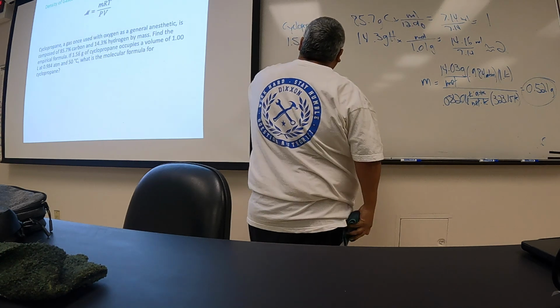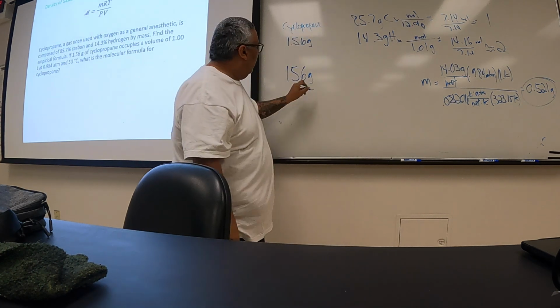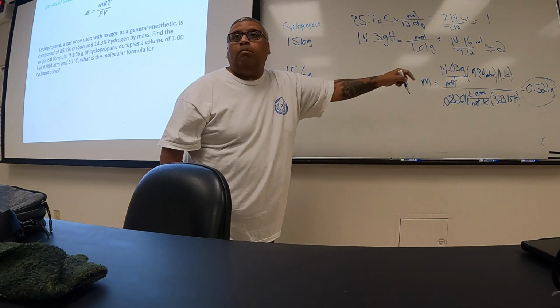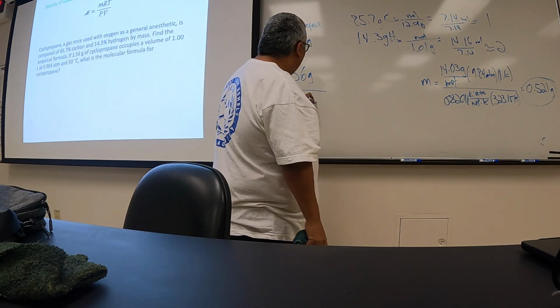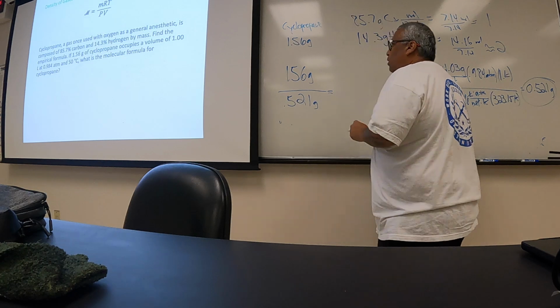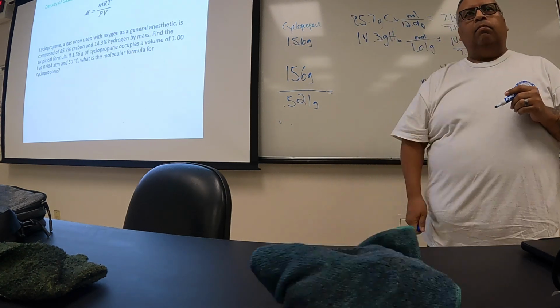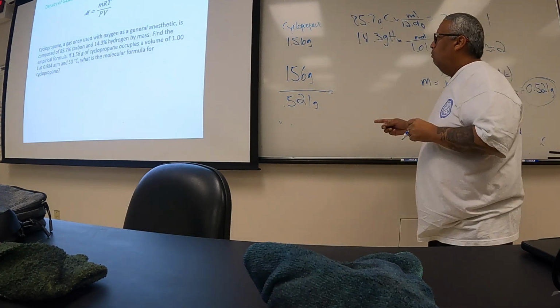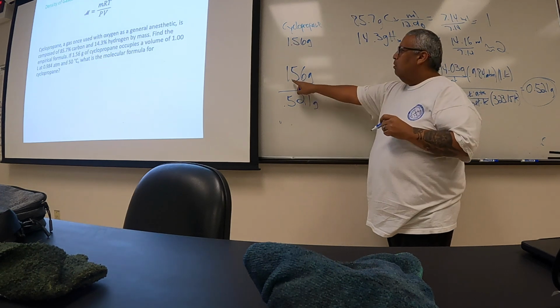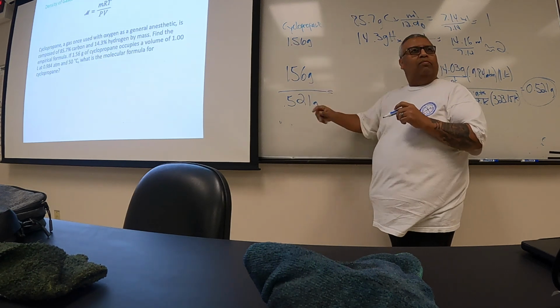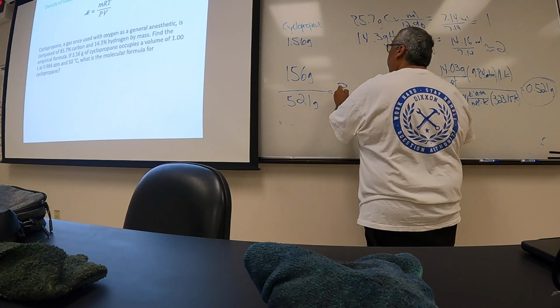1.56 grams of cyclopropane over this empirical formula mass, 0.521 grams, is equal to what? Do we need a calculator? 15, right, divided by 5 is 3.